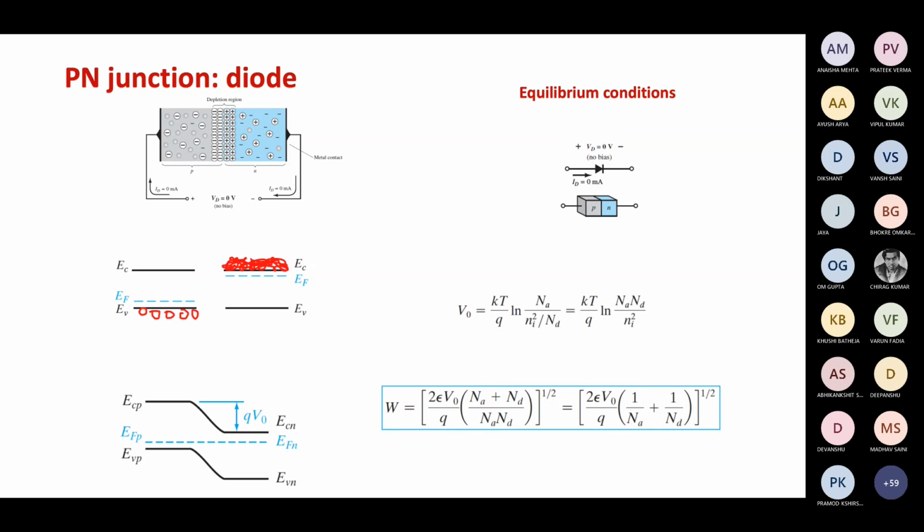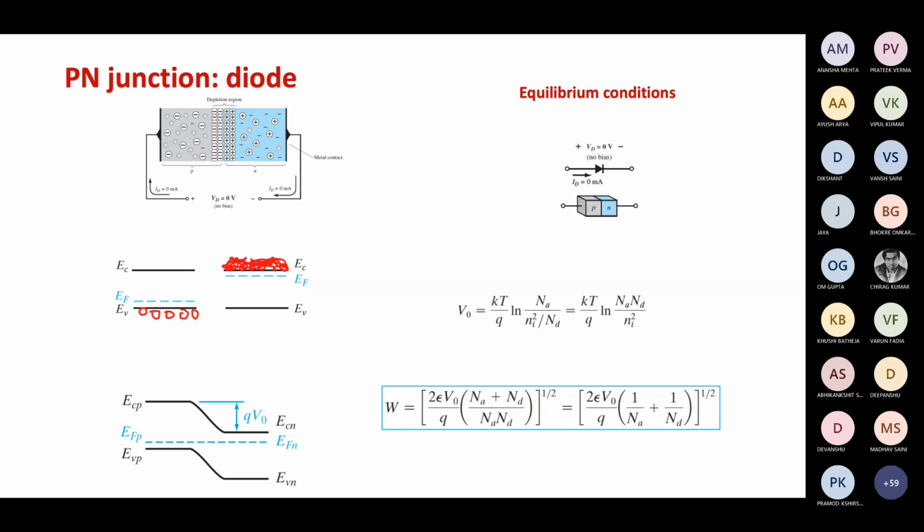So this is how the band diagram will look. In order to make the Fermi level uniform across this entire system, the bands actually start bending, and this is known as band bending in semiconductors.